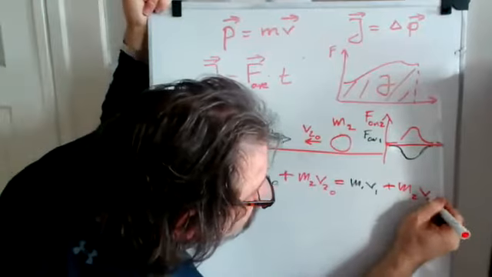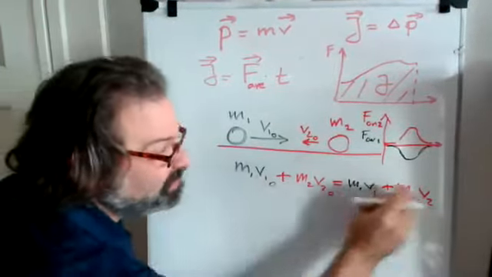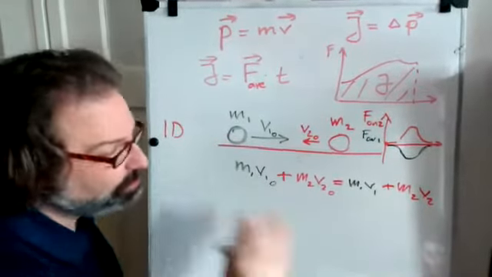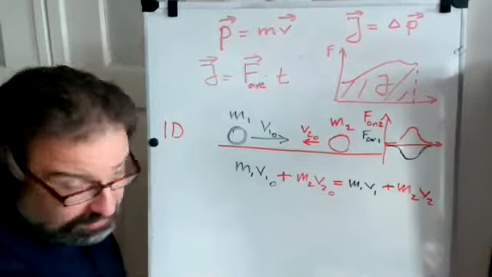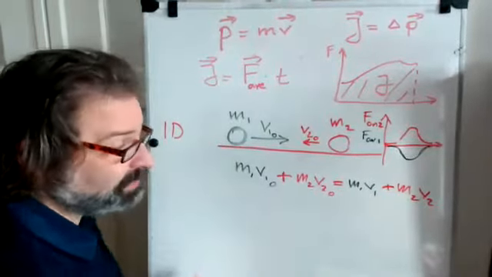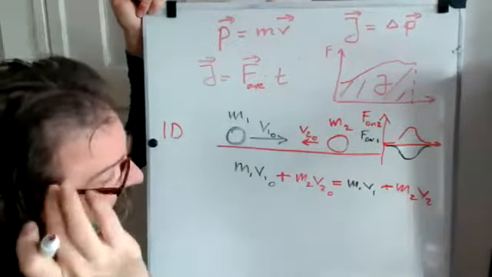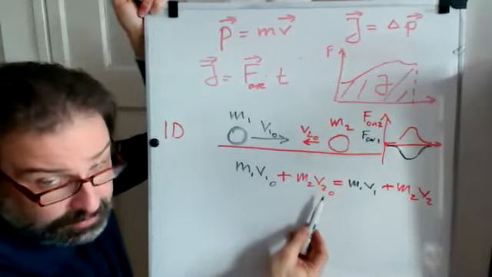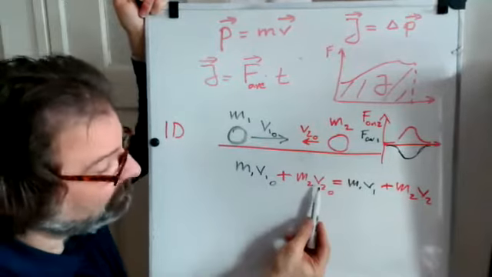M2 V2. Now, we wrote this down in one dimension, and we are aware of the fact that it could move in 2 dimensions, so we would then have vector arrows, but for 1 dimension, we don't need those vector arrows on top. Here's an important note: notice that V2,0 is to the left, and if we wrote in numbers, we'd have to make V2,0 negative to be consistent.